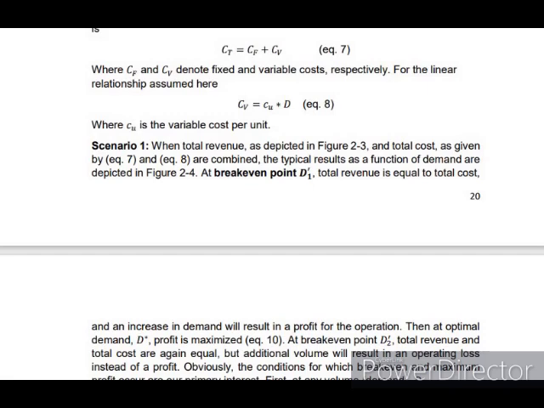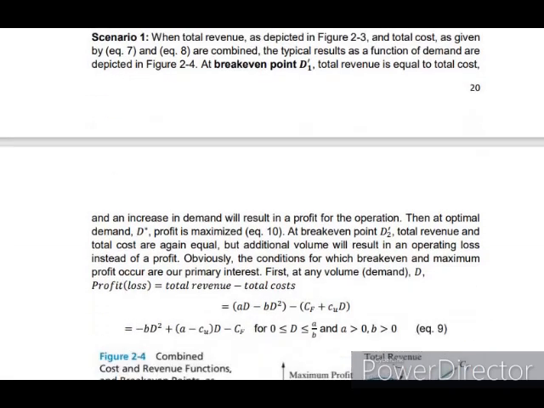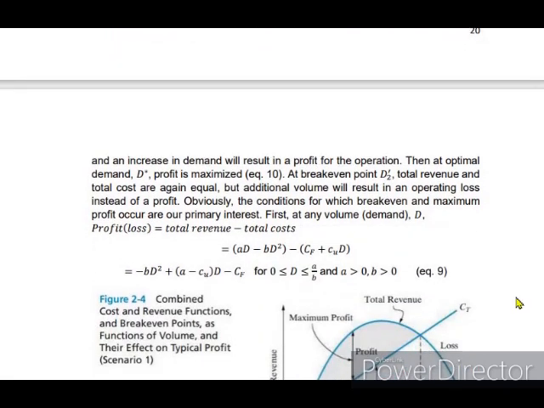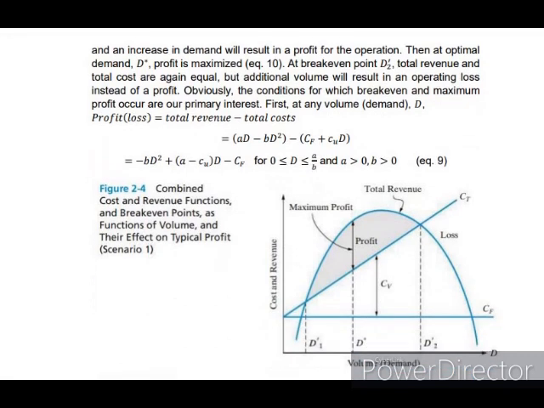At break-even point D sub 1, total revenue is equal to the total cost. Okay, and an increase in demand will result in profit of the operation.